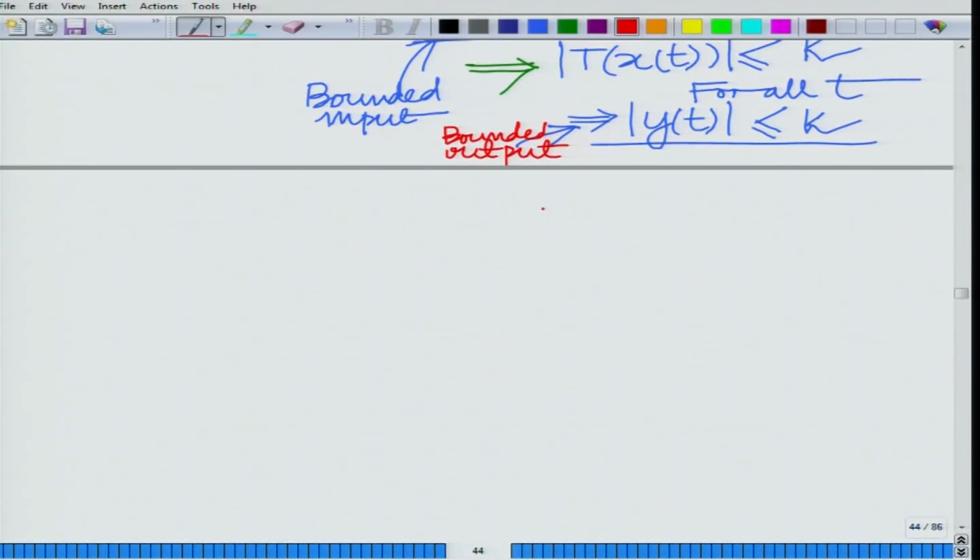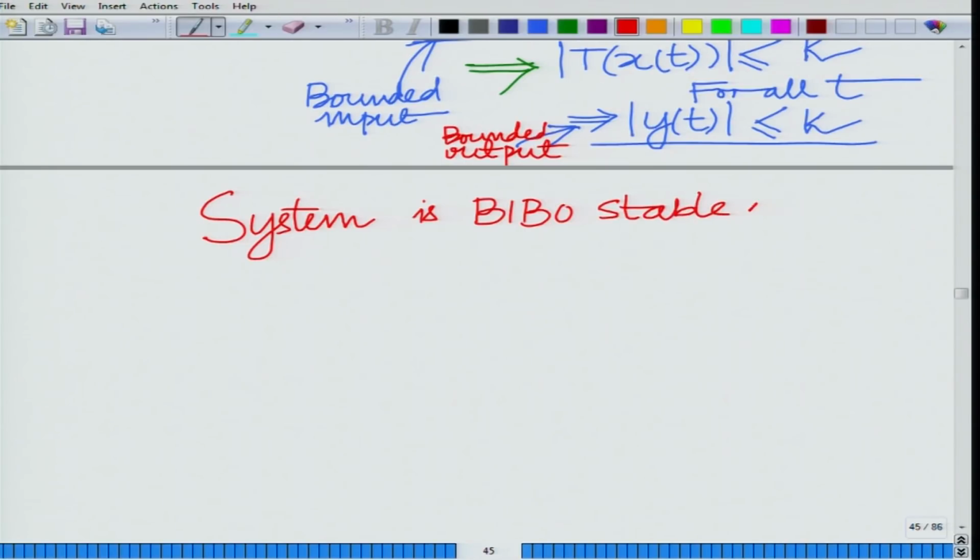Now, we will derive an important condition on the impulse response of a BIBO stable system, and that can be derived as follows. We will show that the system is BIBO stable, that is bounded input, bounded output stable, if the impulse response is absolutely integrable, which is the integral from minus infinity to infinity of magnitude h of t dt is less than infinity.